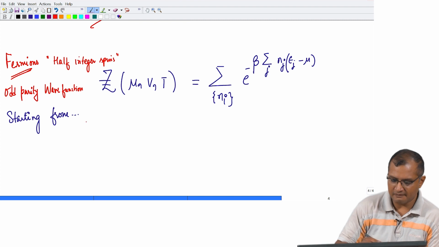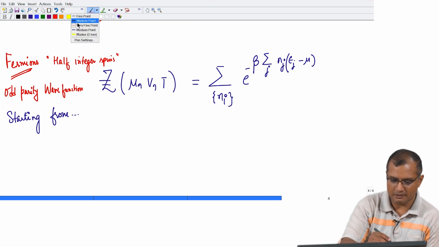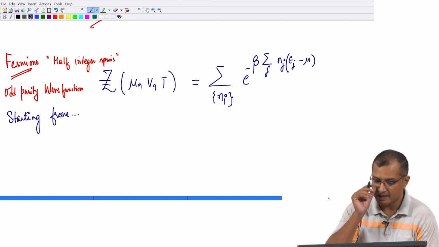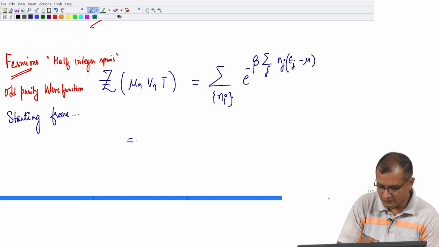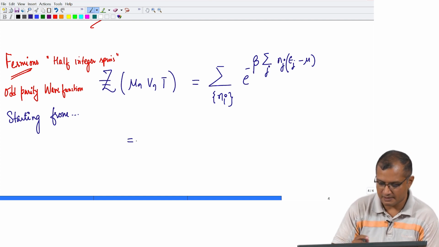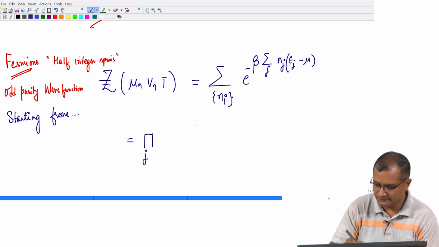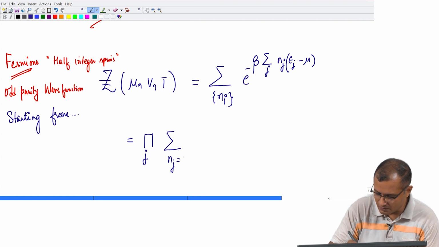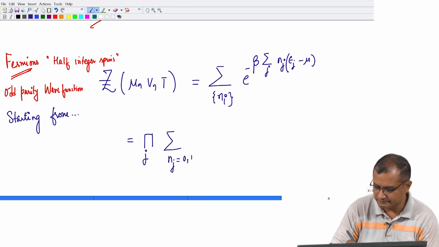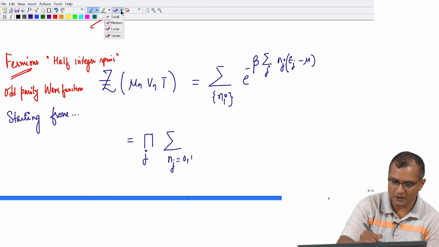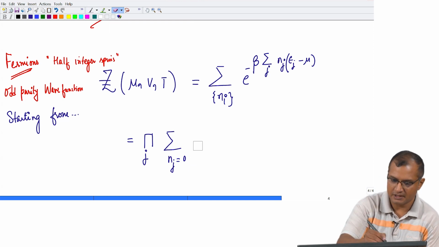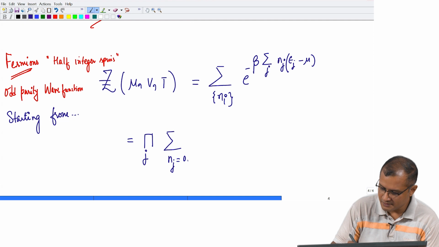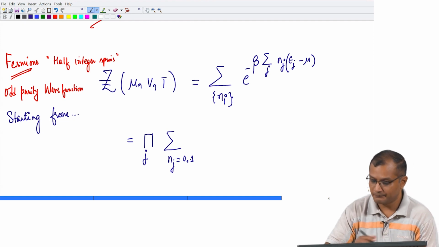Then I will say that we are starting from the same partition function, except for the fact that when you write down the summation on the right hand side as a product over all the j's, the summation on each n j is now taking values only 0 and 1. Instead of going from 0 to infinity, this will now take only values 0 and 1.